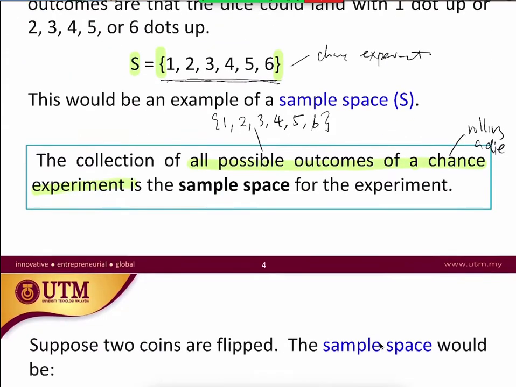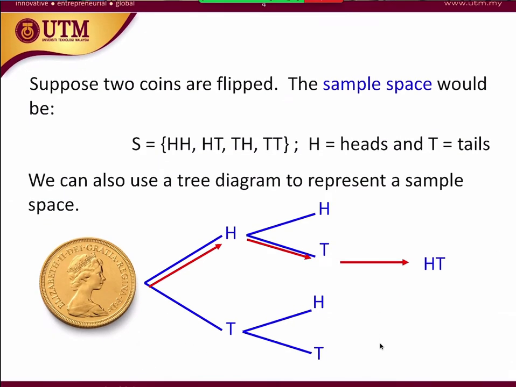Another example of a sample space is if we have 2 coins flipped. For each coin, it is either head or tail. Since we have 2 coins, there is a possibility that both coins will show heads.